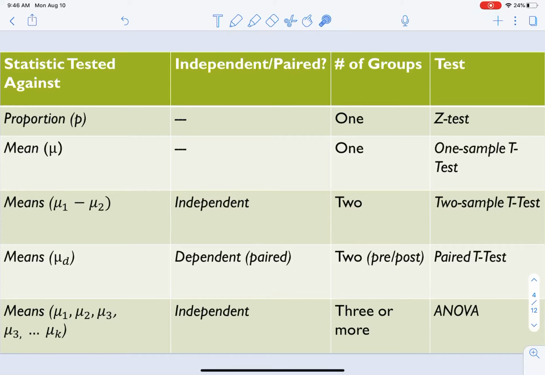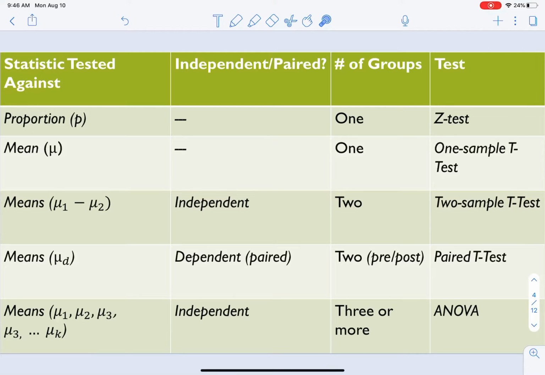But if we have a situation where we are testing the difference between group 1 and then that same group after a period of time, or some sort of intervention, so it's the same people, pre and post, then you can only do a paired t-test, right? And that's the strongest type of test as far as t-tests go, because your research design is incorporating the fact that person A is going to probably vary the same after a period of time.